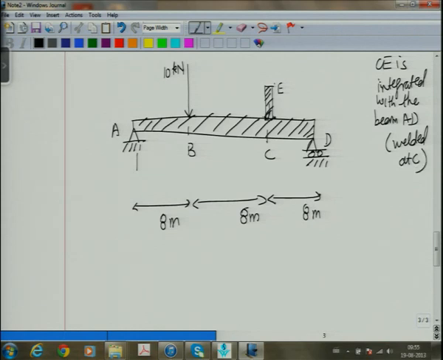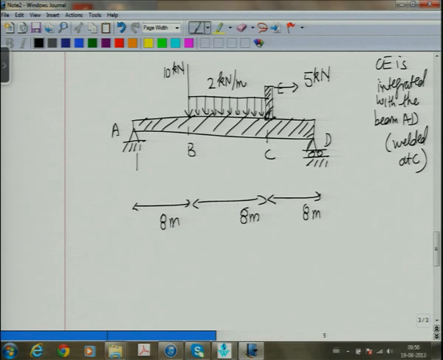Now at E we have a 5 kilonewton force acting like this, a horizontal force of 5 kilonewtons, and from B to C we also have a uniformly distributed force which is 2 kilonewtons per meter. So this is the beam and the loading.